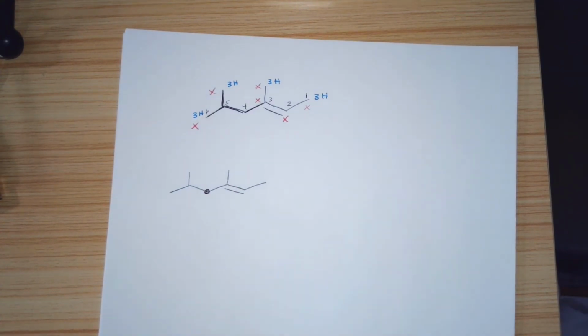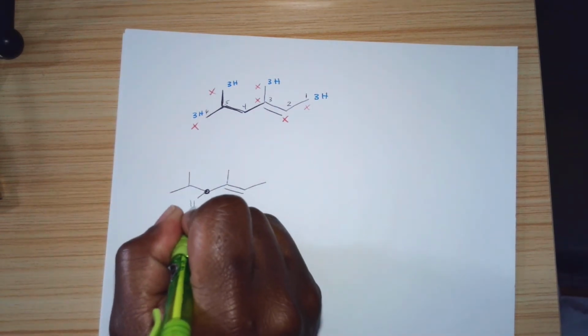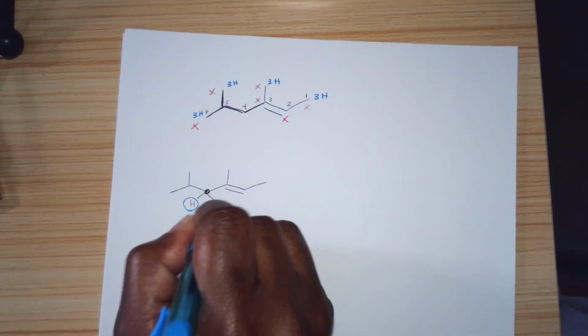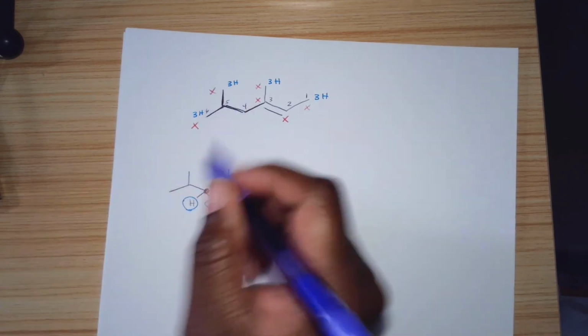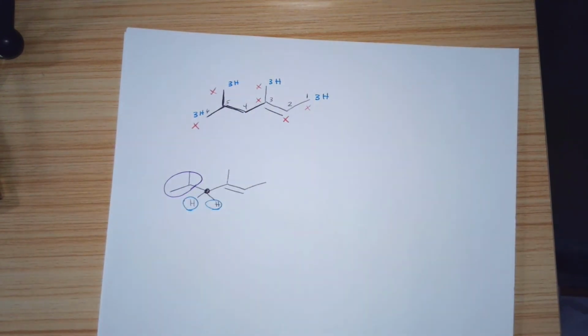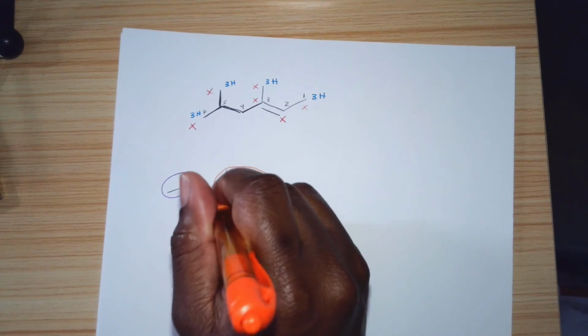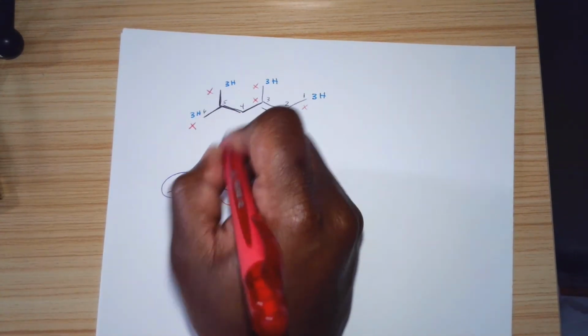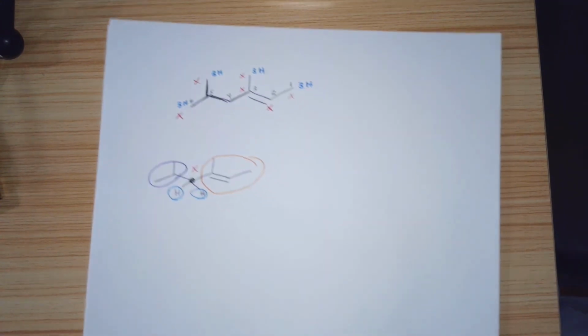I can see that carbon 4 has 2 bonds. So what that means is that I have 2 hydrogen. So really, I don't have to go any further. Since there are 2 hydrogen, I have 2 of the same groups. Even though I have this group to the left and this group to the right, I have 2 hydrogen. So carbon 4 cannot be a chiral center.